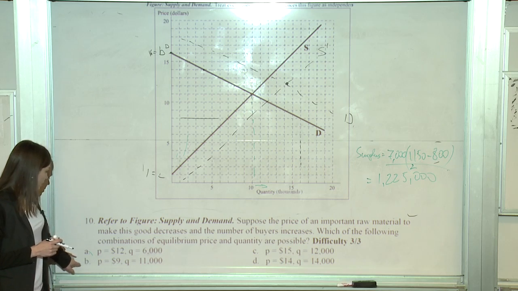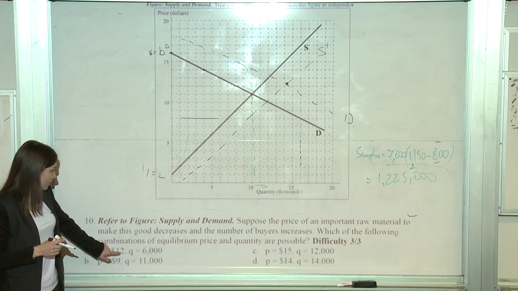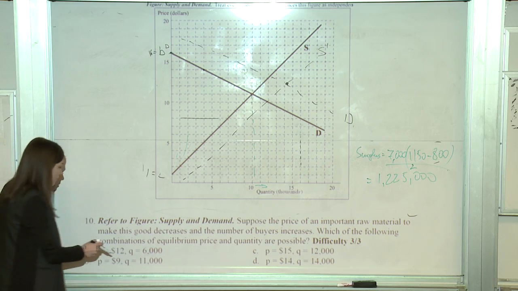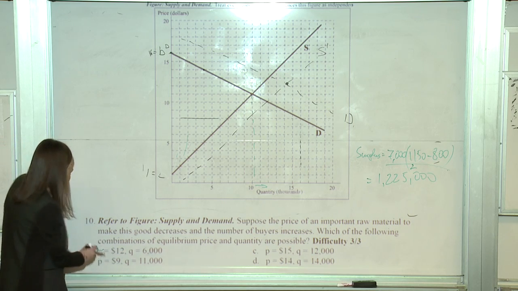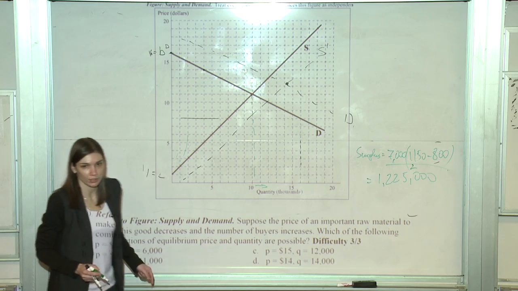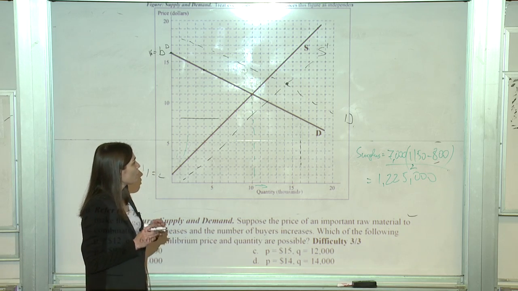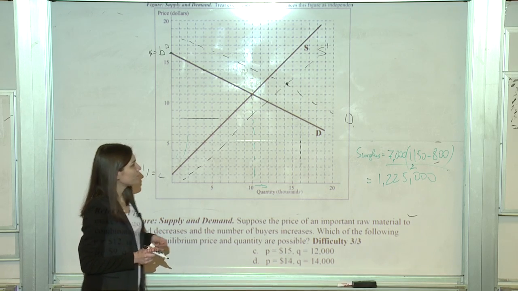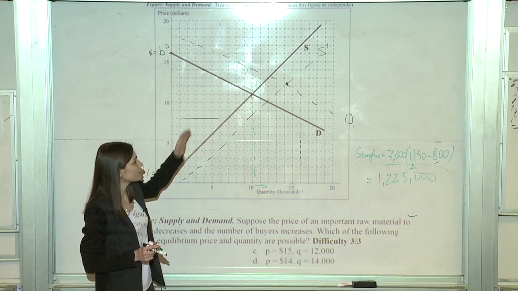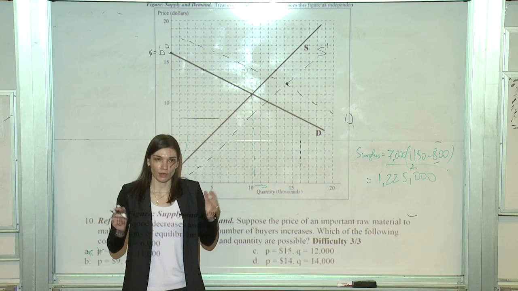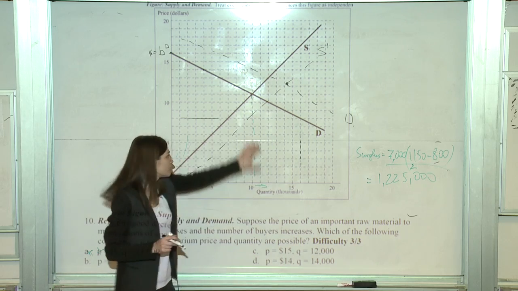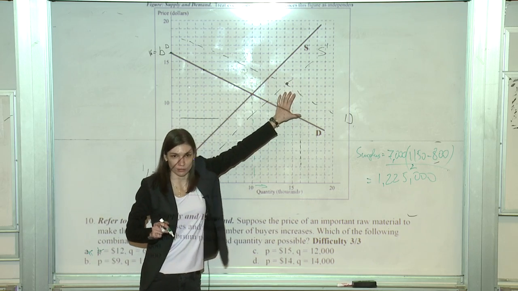So I can eliminate just the first answer, right? This is not possible for sure because the quantity should be more than 10. What else I know though is that if you imagine that the supply and the demand curve separate this graph in 4 regions, right? This region, that region, and that region.